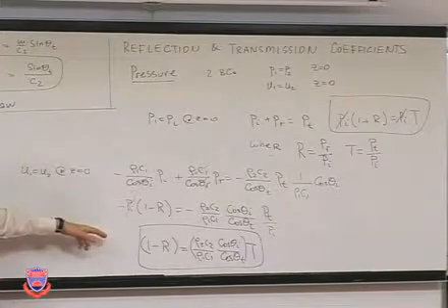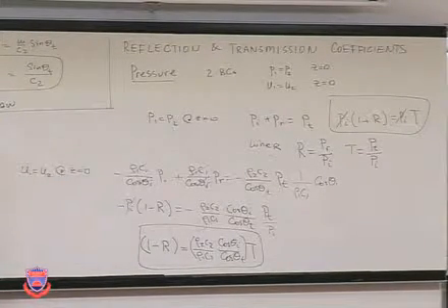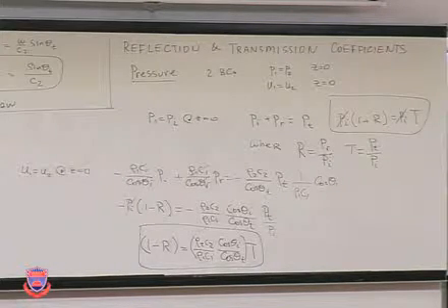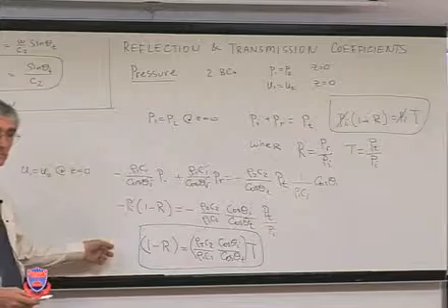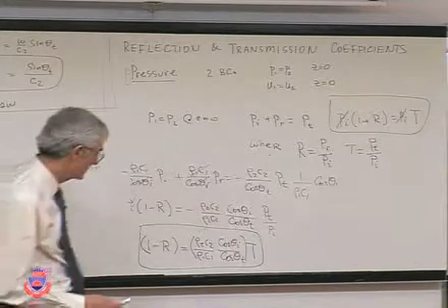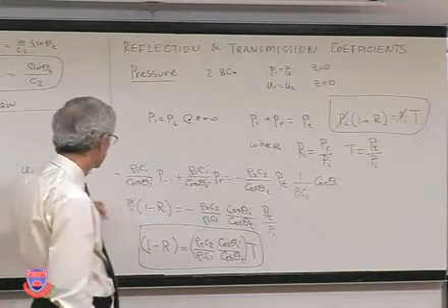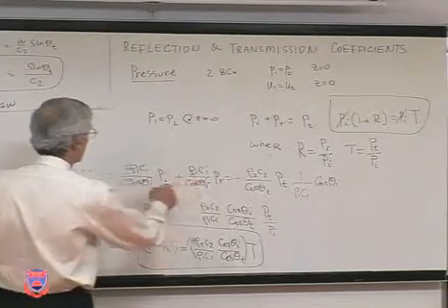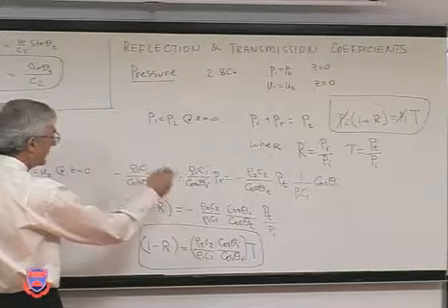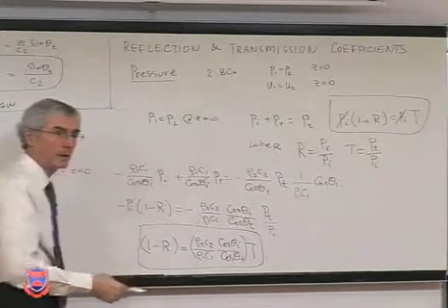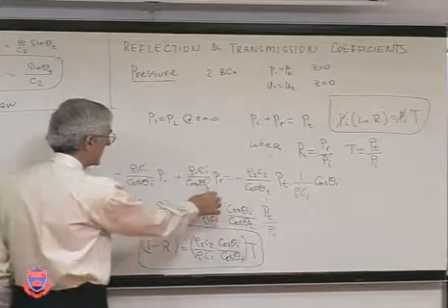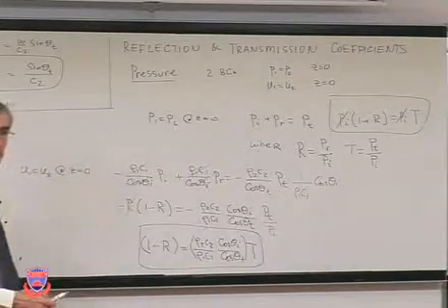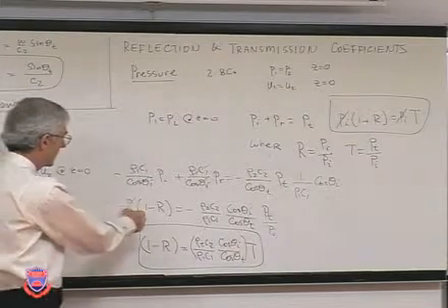And using those boundary conditions, we end up with two relationships. You have a question, Said? Go ahead. I couldn't figure out where p_i went. Oh, what we do here is if you divide the whole thing by p_i, this would be 1, this would be r, and this would be t. So I pulled it out here.